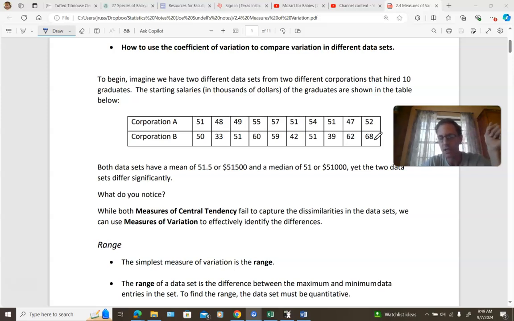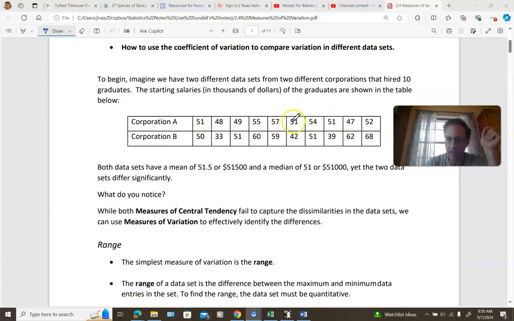There's a question that you might get asked in the homework: at which of these corporations would you be more willing to start, if you wanted a decent salary starting off? We would assume that the mean is a decent starting salary. So if I wanted to be more sure of starting off at a decent salary, I'd probably apply at Corporation A, because the variance, and I'll go ahead and use that word, is much less.